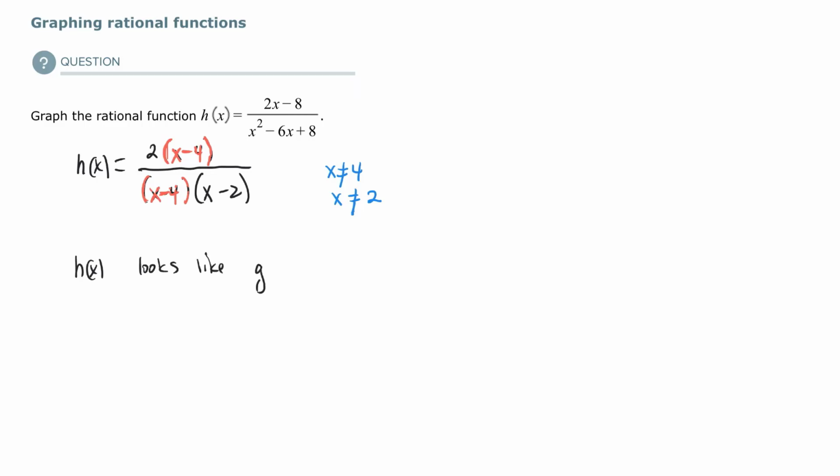I'm going to give it a new name. G of x is equal to what? 2 over x minus 2, with a location of a hole for this ordered pair.